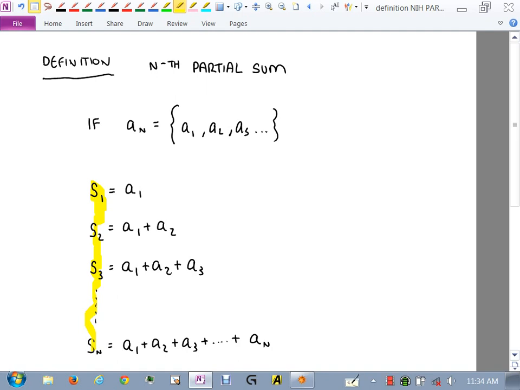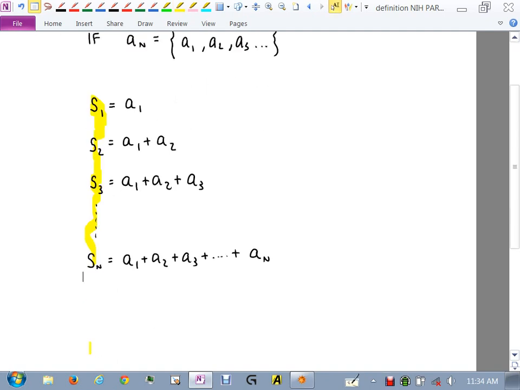See, you're not going to add them all up, you're just doing part of them. S1, you just do the first one. S2 is the first two. S3 is the first three. Sn is the first n. So this right here, S sub n, is what's called the nth partial sum. Understand?